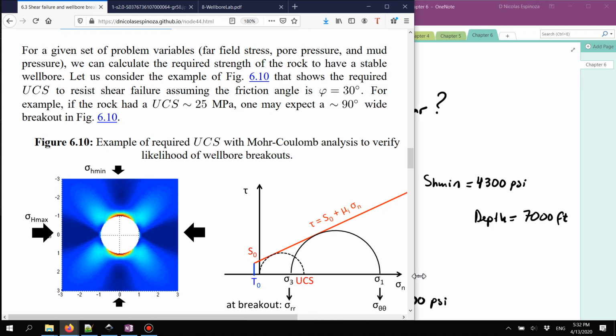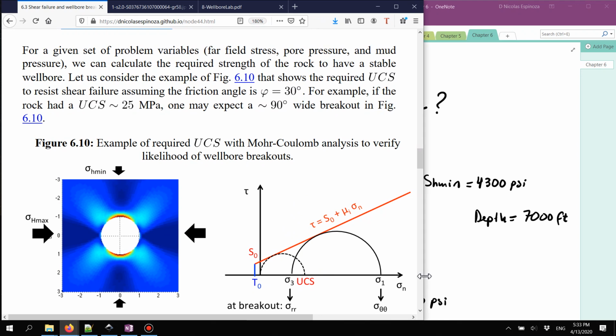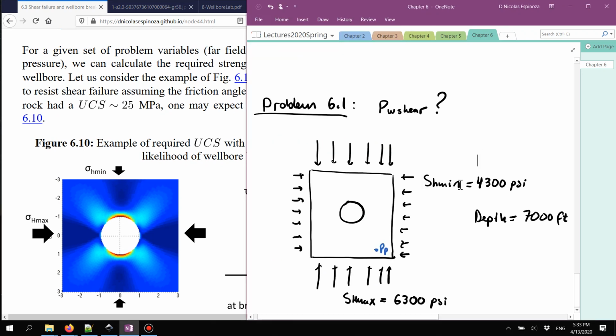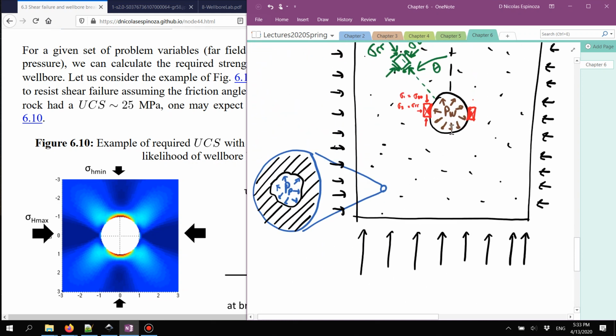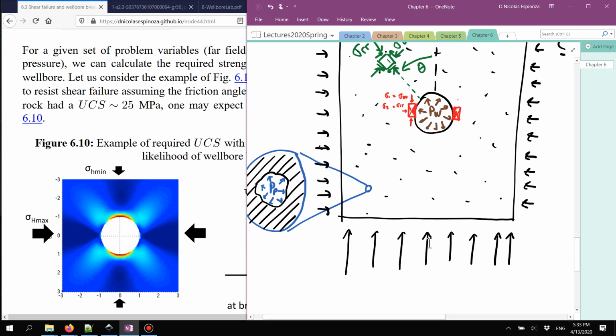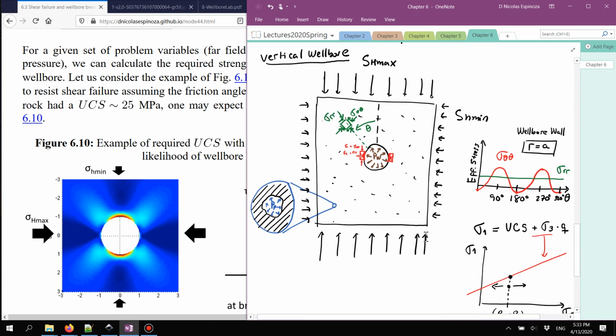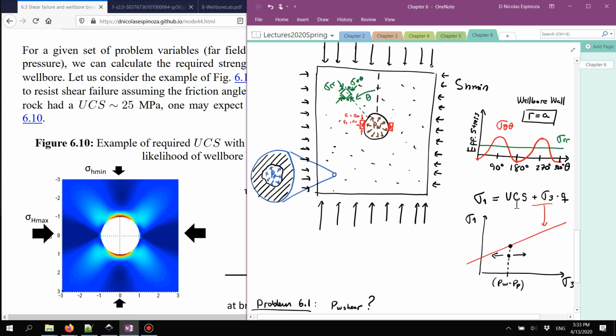Okay, so in this case, if we want to calculate a breakout angle, let me come back over here. This is going to be the angle for which I'm going to have shear failure, and it's going to happen not only at a single point, exactly 90 degrees or 270 degrees, but it may go over a region which is a little bit larger.